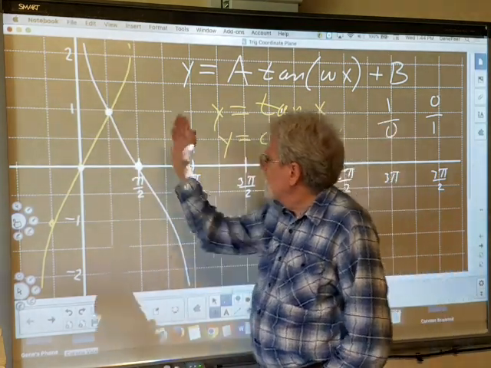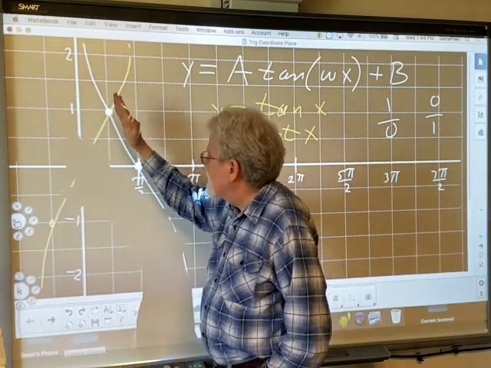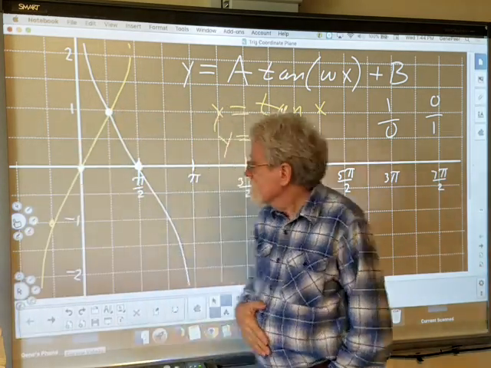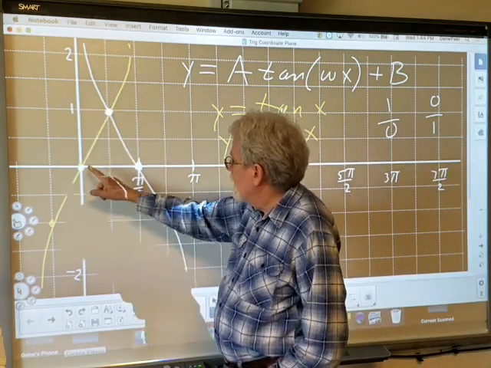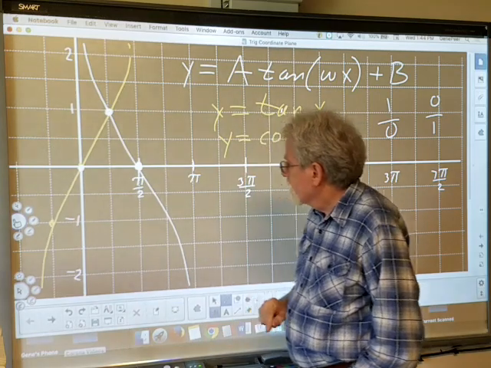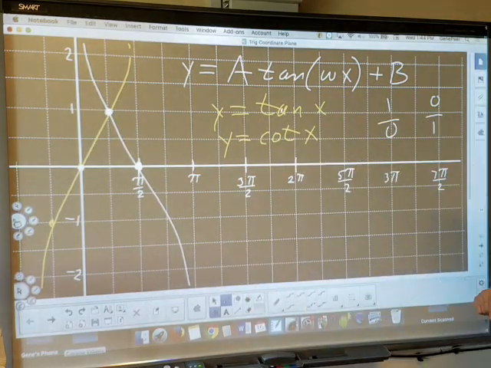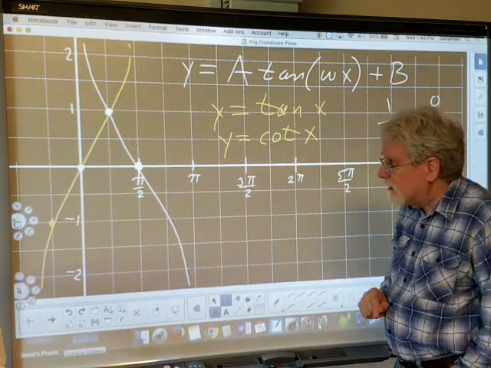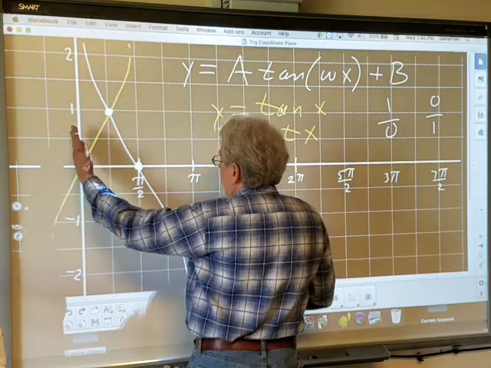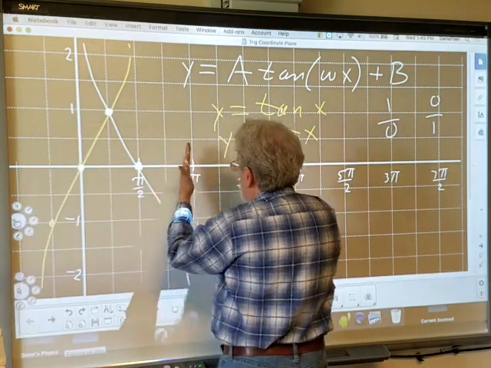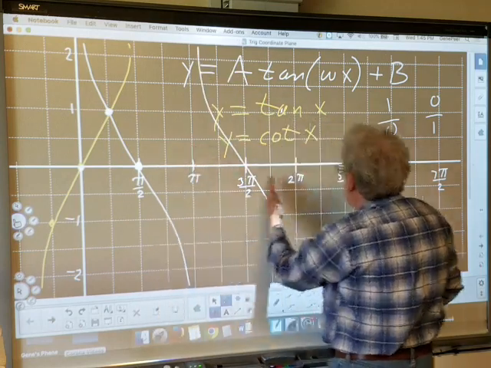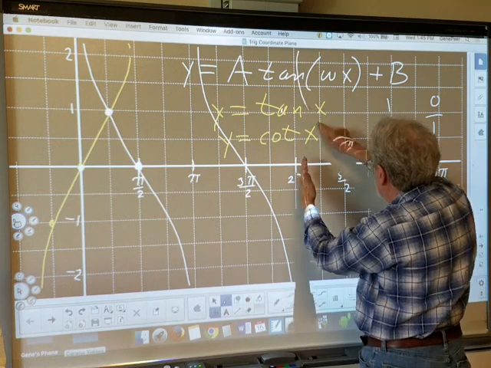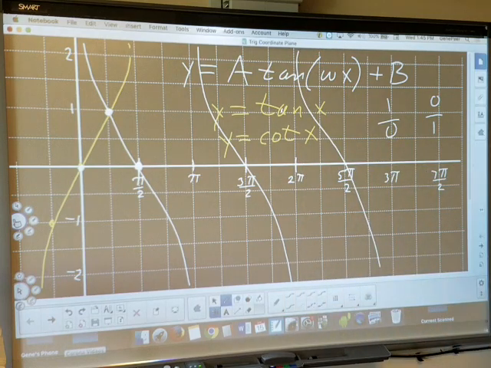Remember also that it tilts to the left instead of to the right. And it still passes through the same point here of 1/4 pi, 1. And it still has a period of 1 pi. So it repeats between 0 and 1 pi, again between 1 pi and 2 pi, and again between 2 pi and 3 pi. It looks something like that. That would be cotangent.